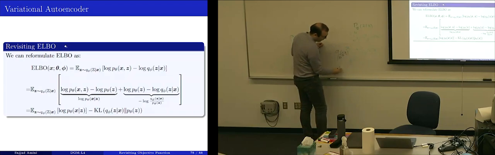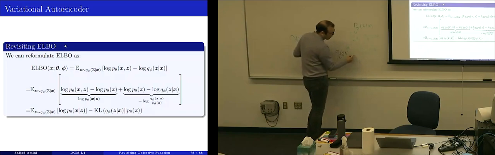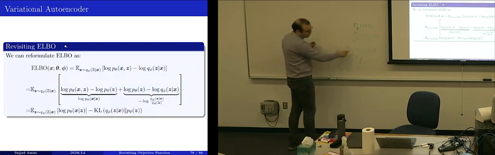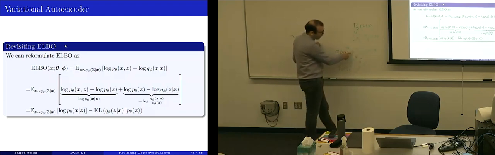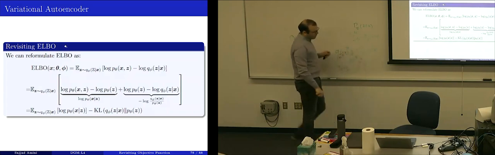The Q phi of z given x2 is, for example, here. Here you have different distributions in this space, and the number of these black circles is equal to the number of your training data. The second term tries to minimize the distance of the prior with respect to all of these distributions.